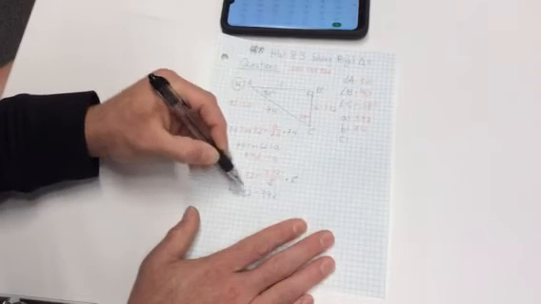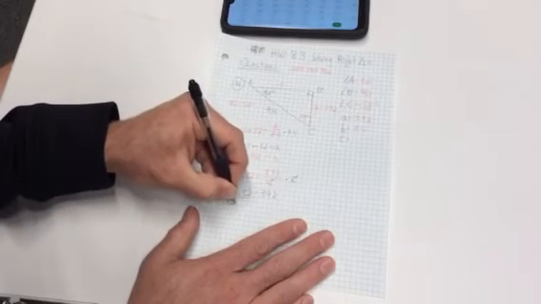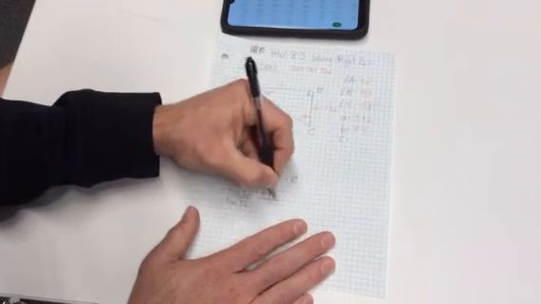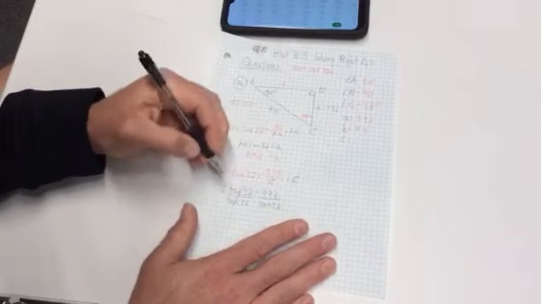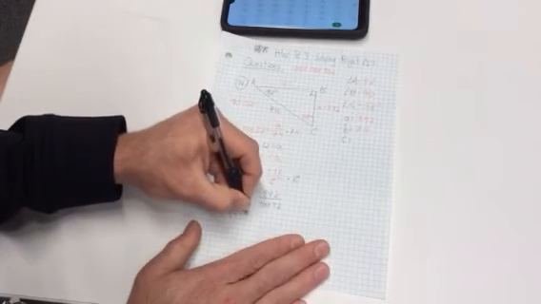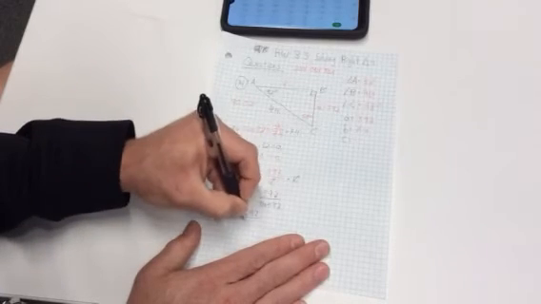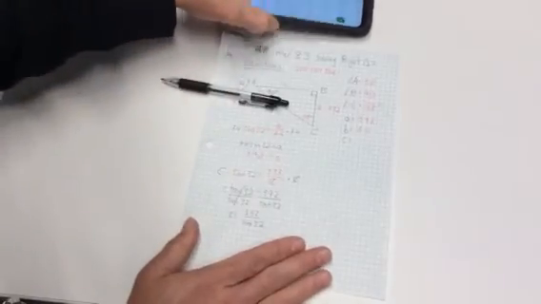So c times this equals that. How do I undo this? Divide by tangent 32. So c is equal to 3.92 over tangent 32.